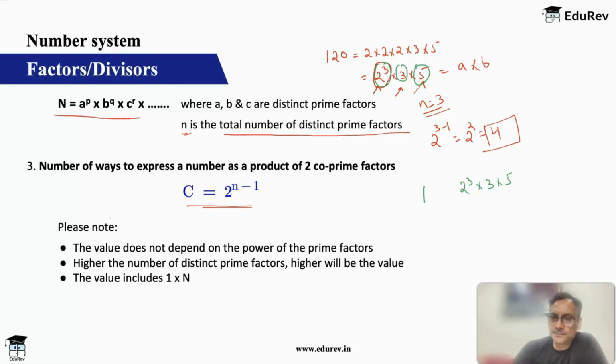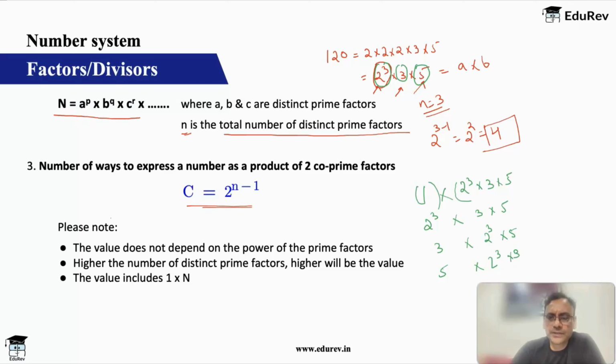So this is a pair. Then you take 2 cube on one side and the remaining on the other side. Then you take 3 on one side and the remaining on the other side. And then you take 5 on one side and the remaining on the other side. These are the 4 pairs.